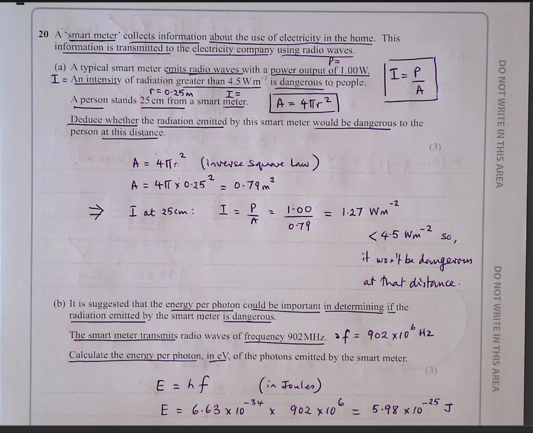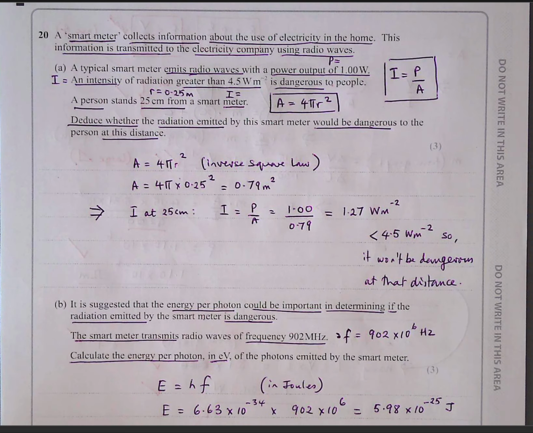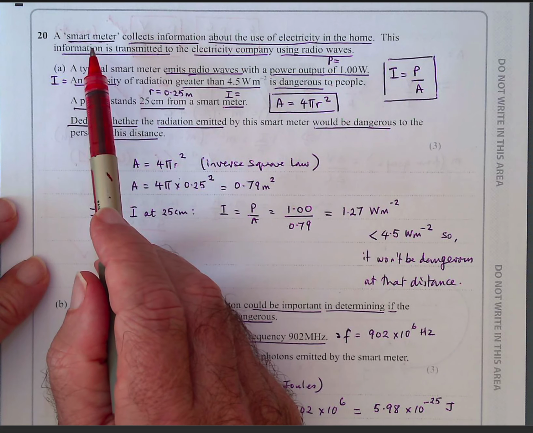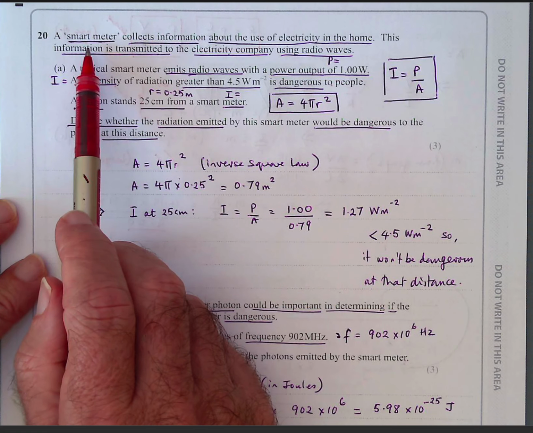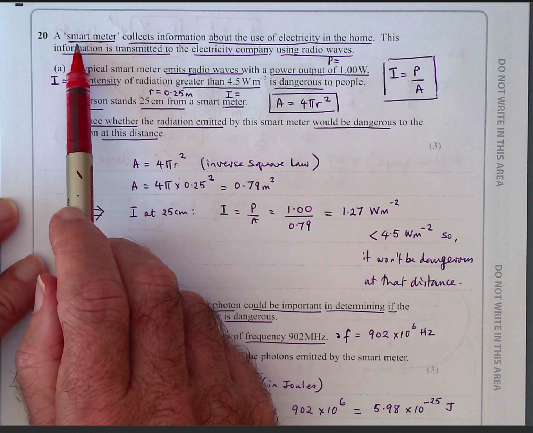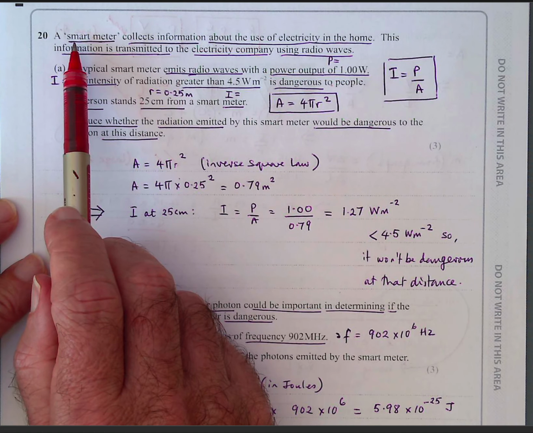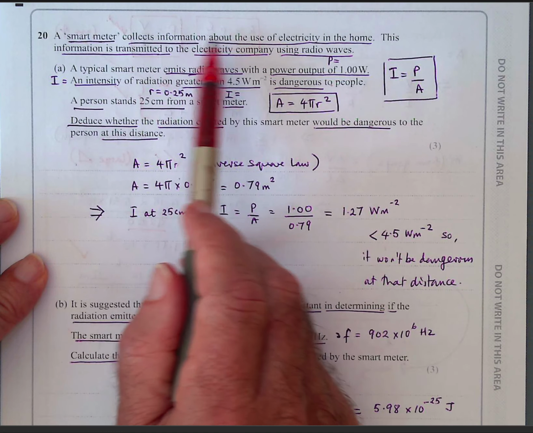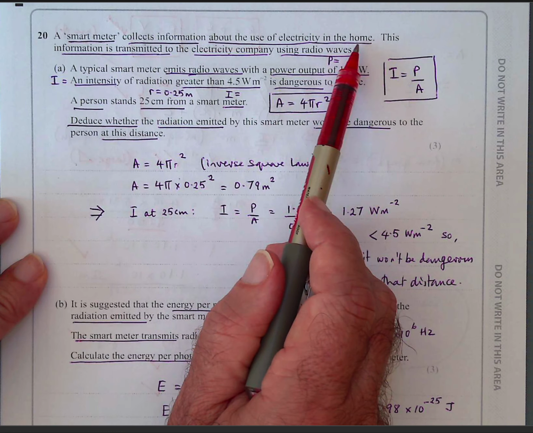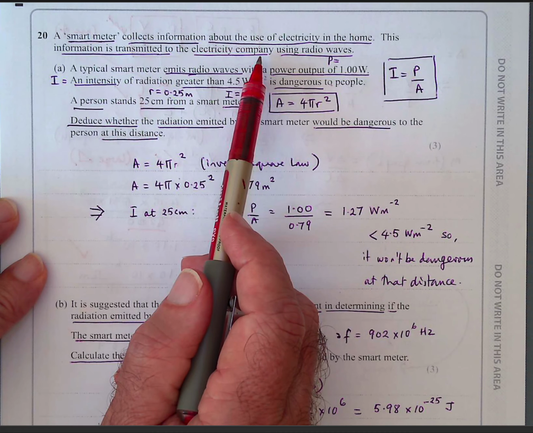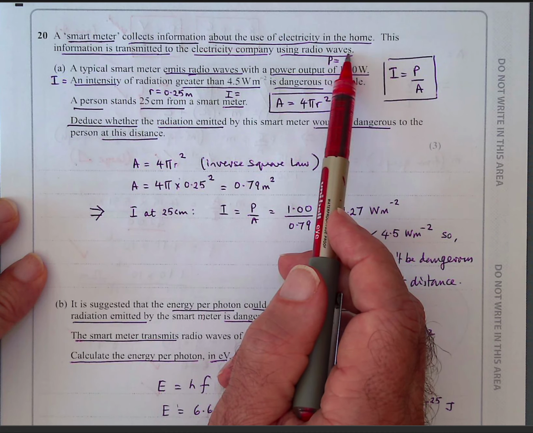Now, they started putting smart meters in the homes, and a lot of people don't like that. They see it as an intrusion of privacy, but this is not what they're asking about. They want you to look at the intensity of the radiation coming off it. A smart meter collects information about the use of electricity in the home. This information is transmitted to the electricity company using radio waves.